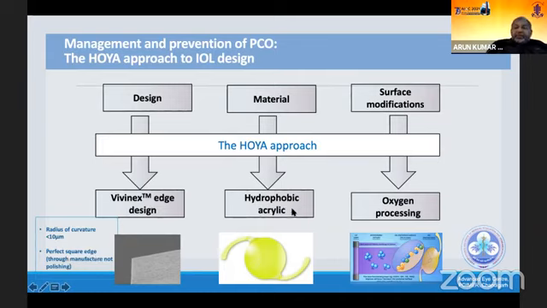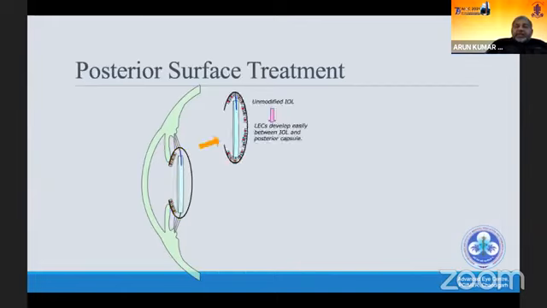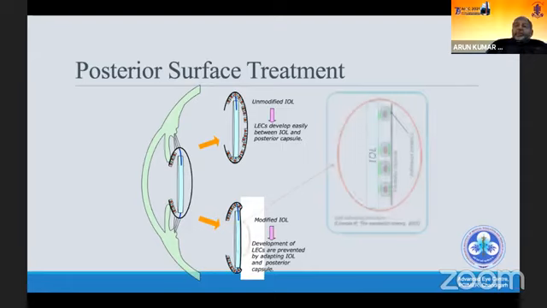And it is a hydrophobic acrylic material, and the posterior surface of this material is ozone treated, which makes it more adherent to the posterior capsule. Because of this adherence, epithelial cells fail to migrate to a large extent between the lens and the posterior capsule, so there is a prevention of PCO.